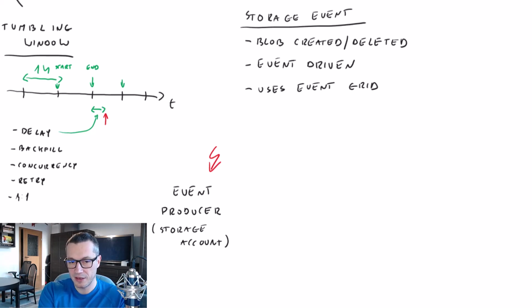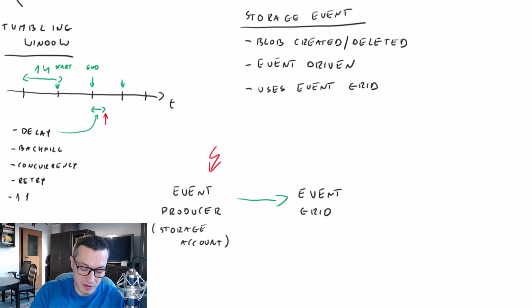It fires this event saying, hey, new file has been created, and maybe someone is interested in this information because someone would like to do something as a response. Then we've got this middle layer, this event grid stuff, to which this event is sent, like so. And then on the other hand, we've got various event consumers.